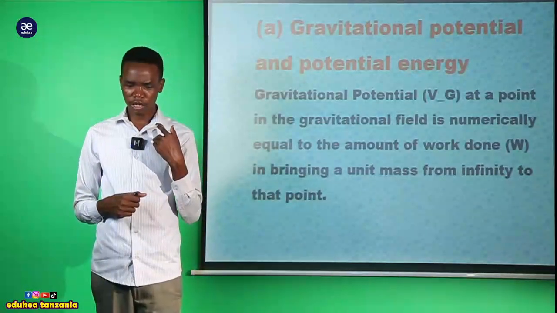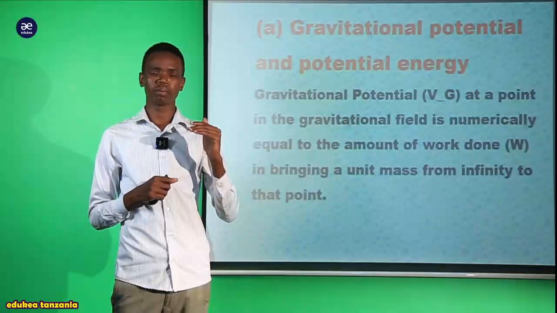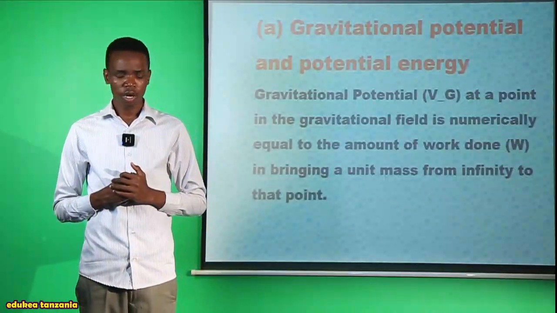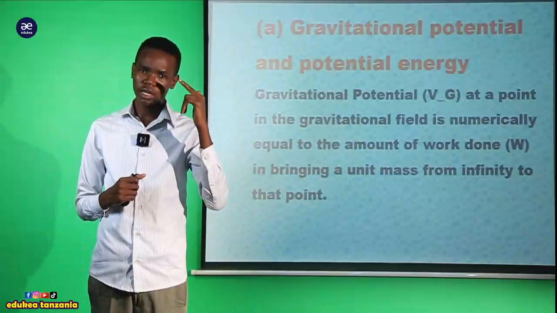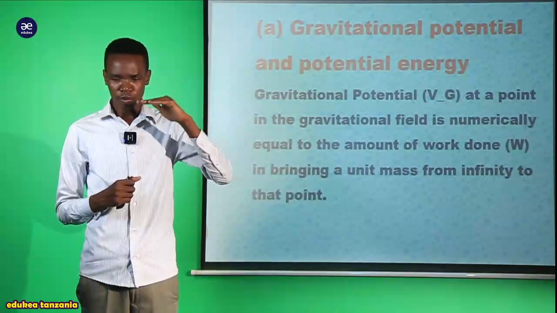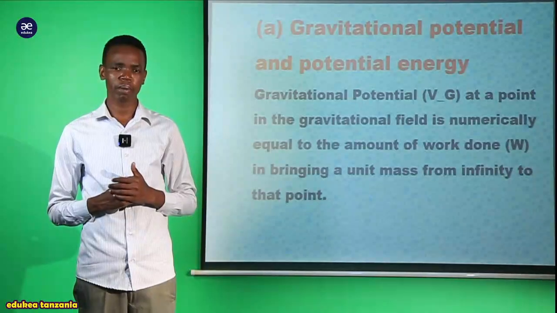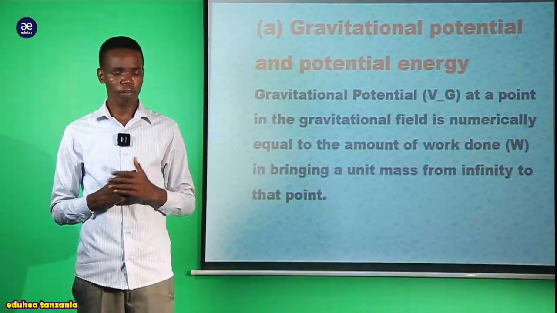Imagine, my dear student, we have a mass, and that mass is placed at infinity. If we want to remove that mass from infinity up to a certain point, we should apply this gravitational potential.